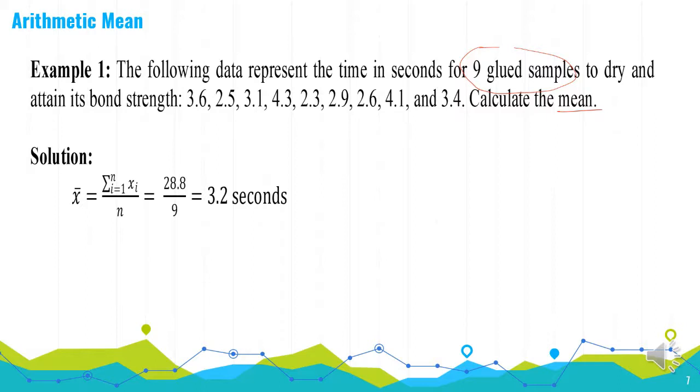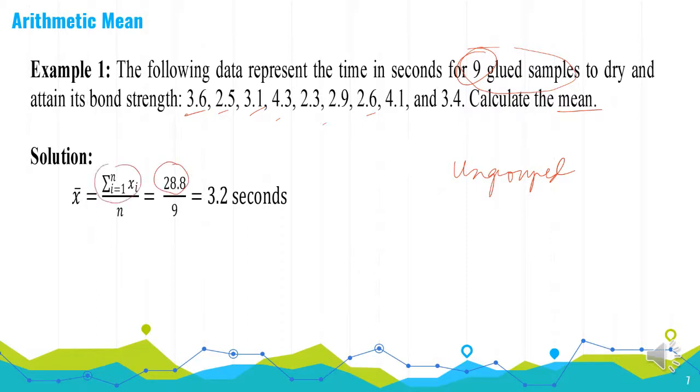Okay? So, eto yung mga seconds na yun. 3.6, 2.5, siyam sila eh. And since we have 9, we have an ungrouped data. Okay? So, ang formula natin is summation of xi over n. So, saan nakuha ito?